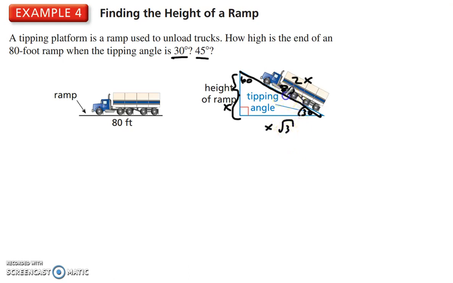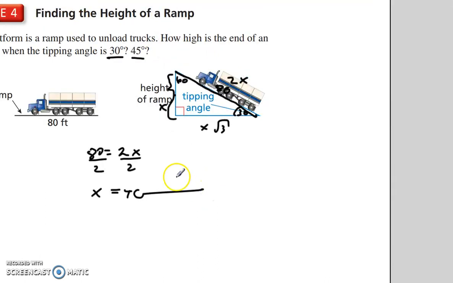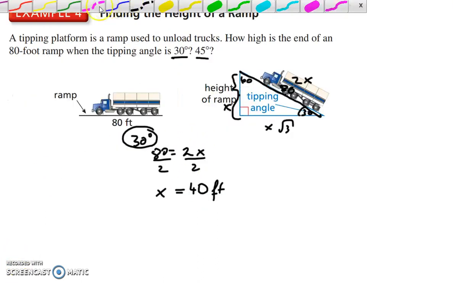Okay, if this is 80, and 80 is 2 times the short side, so 80 equals 2x, and the short side is x, then divide by 2 on each side, then we have x is equal to 40, with an angle of 30. So if the tipping angle is 30 degrees, the height is 40.